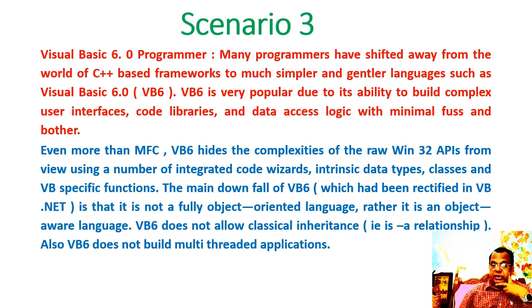The main downfall of VB6, which had been rectified in VB.NET, is that it is not a fully object-oriented language. Rather it is an object-aware language.